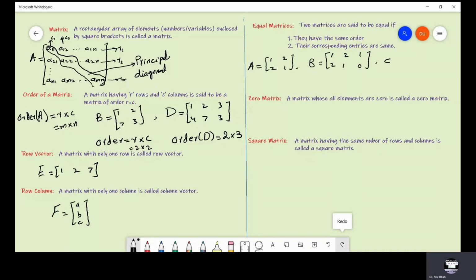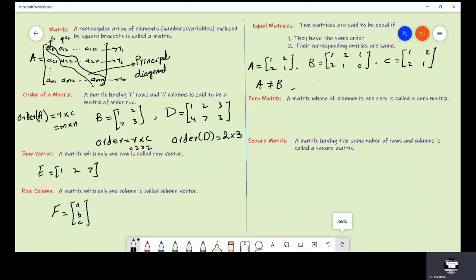Let us write another matrix C in which we have 1, 2, 2, 1. Now you can see A is not equal to B because they don't have the same order.